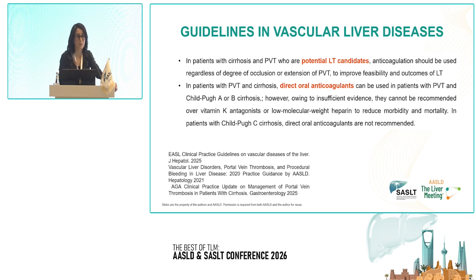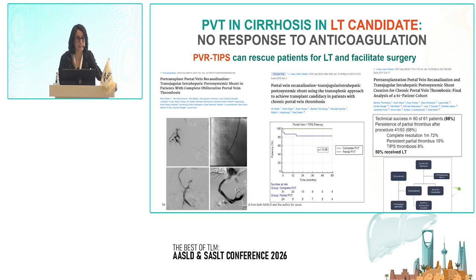And again, our guidelines recommend treating all PVT in liver transplant candidates, even small portal vein thrombosis, because you do not want this thrombosis to progress and to impair the surgery in the liver transplant setting, and direct oral anticoagulants are more and more recommended in this setting.